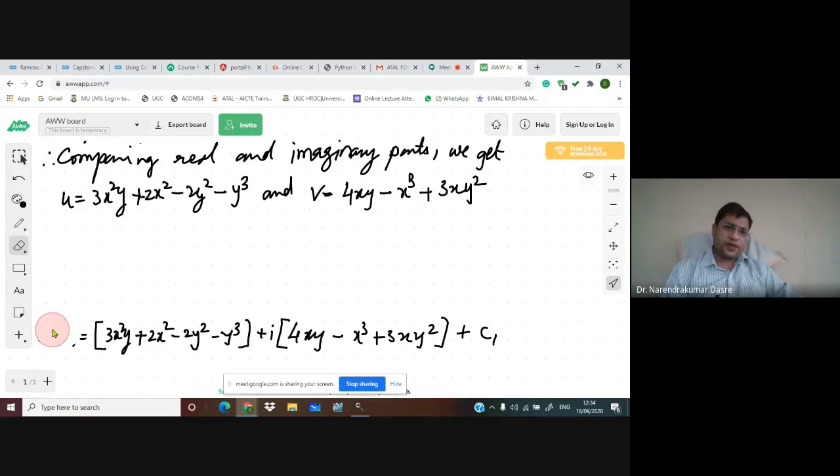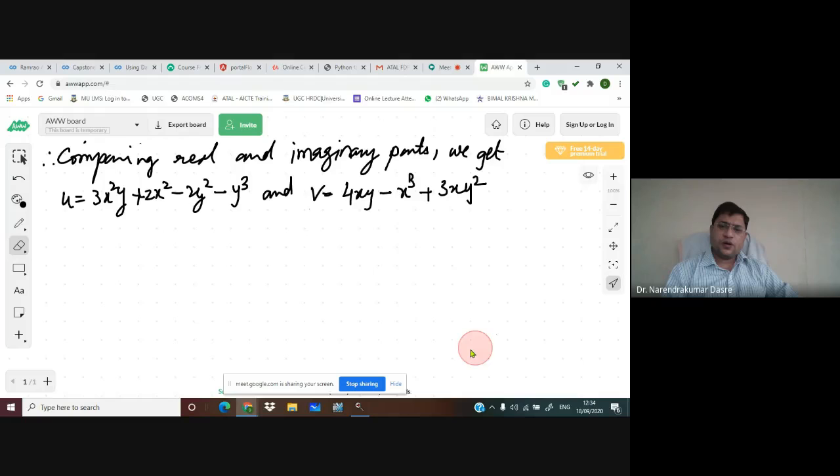Now see, we are interested in writing the orthogonal trajectories. Here we have the real and imaginary part, and if we are able to get the real part properly, that means we are able to get the imaginary part in a proper way.